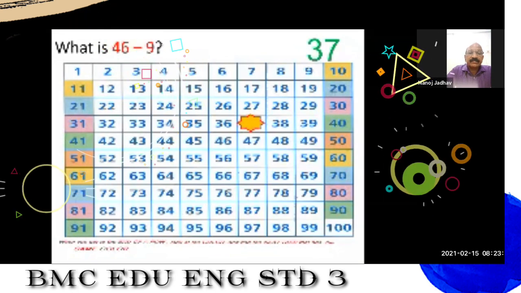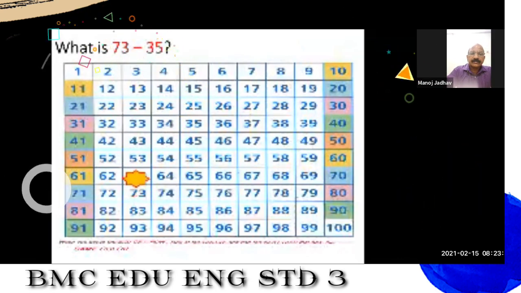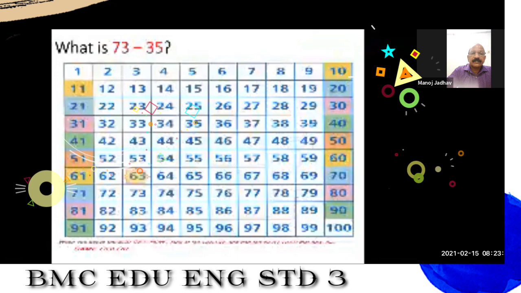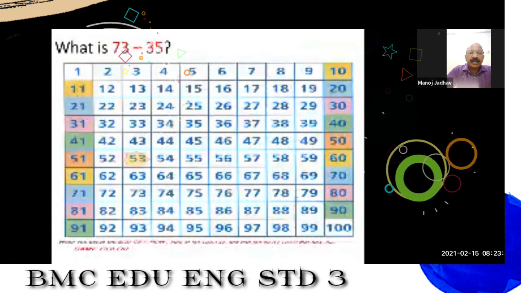Now see one more slate. Now see 73 minus 35. 73 minus 35.